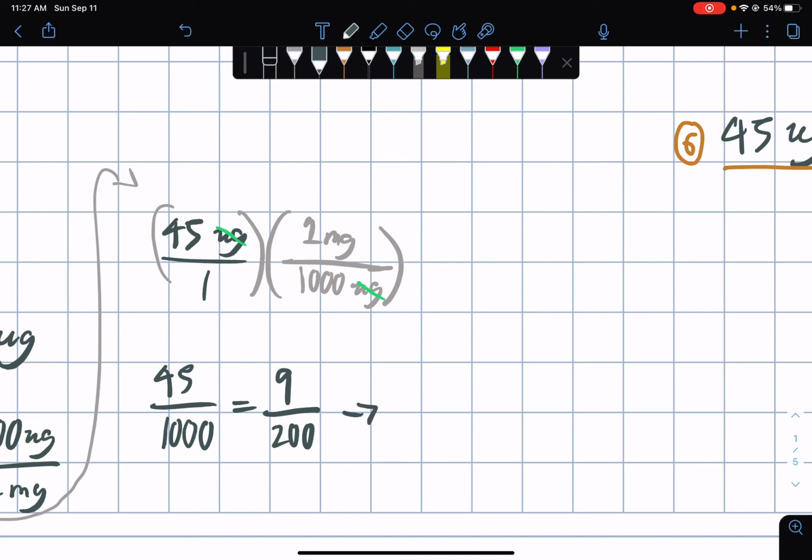You wouldn't give a medicine prescription to a nurse or someone who will buy that medicine at a specific pharmacy with a quantity in fractions. That would be inappropriate. It would be more appropriate if the quantity of the medicine prescription would be in decimal form. So translating 9 over 200 to decimal form, you get 0.045 milligrams.